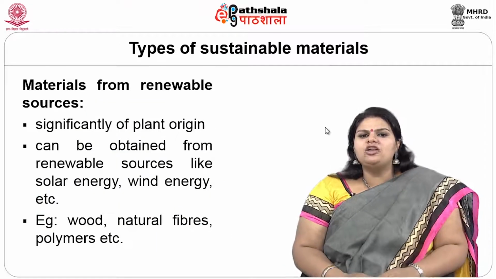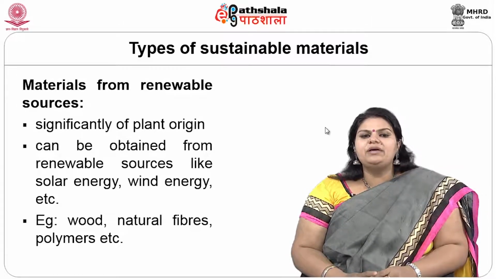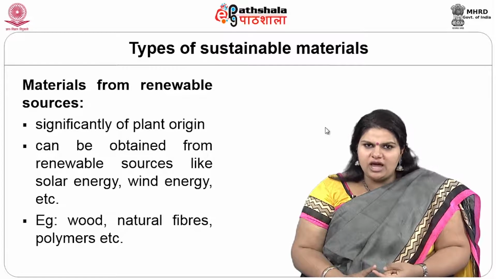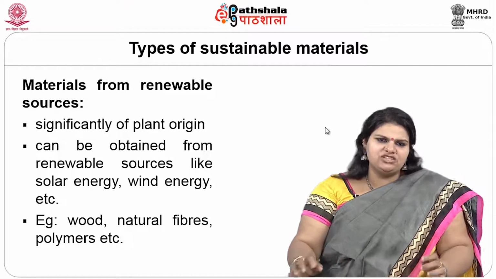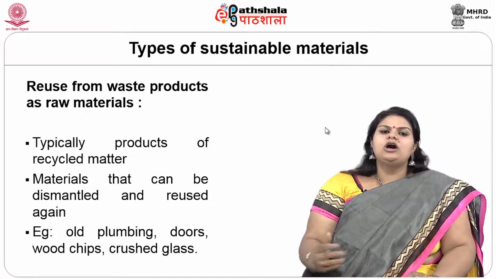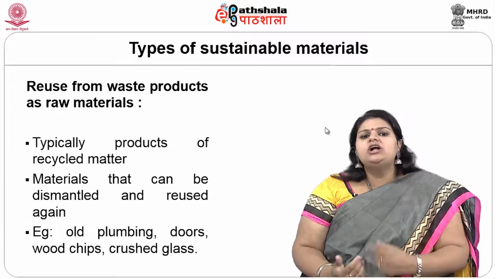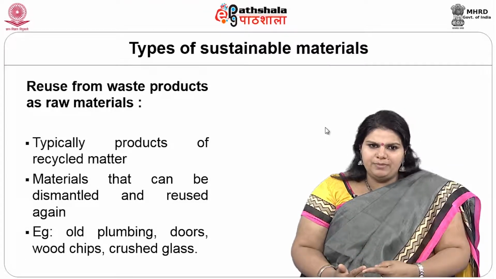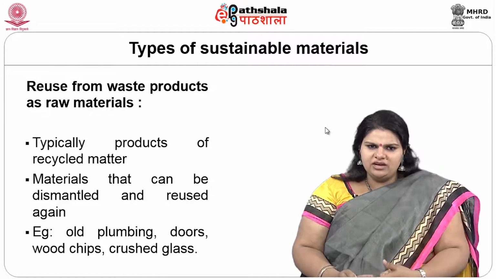So a renewable source is significantly of plant origin. It can be obtained from sources like solar energy, wind energy, wood, natural fibers, certain kinds of polymers, etc., as typical examples. Now, if you look at reuse from waste products as raw materials, these are typically products of recycled matter, materials that can be dismantled and reused again.